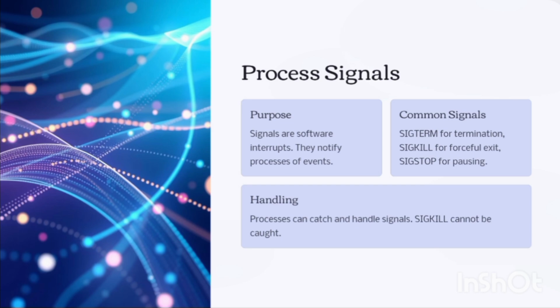SIGSTOP pauses a process. Processes can handle many signals by writing signal handlers in their code, except for signals like SIGKILL. You can use commands like kill or killall to send a signal based on PID or name.